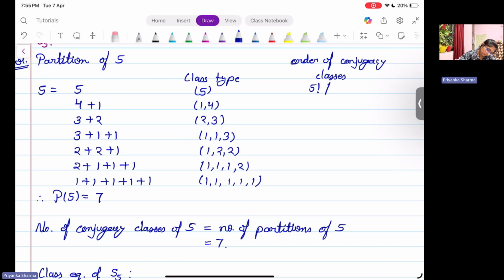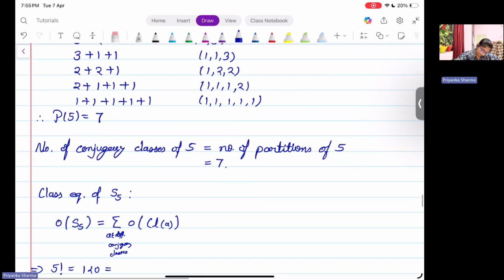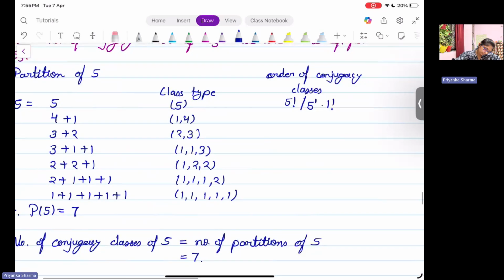We will write factorial 5, and then here we have 5 one times, and then we will write factorial 1. I will rewrite that.